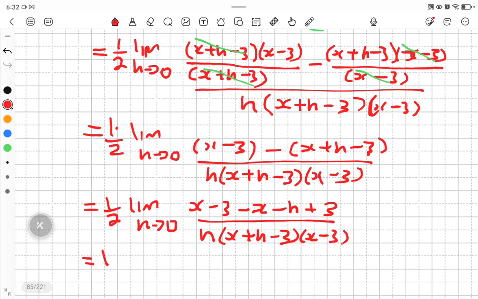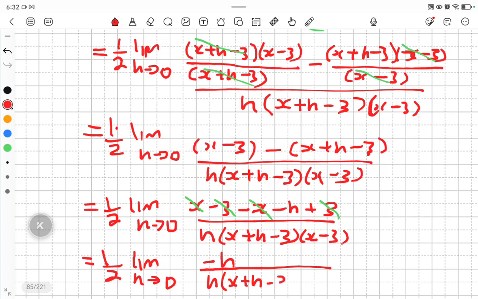The 3 will cancel the 3 and the x will cancel the x. So I said that you should always be left with the terms that have h, unless we're dealing with one-sided limits, then that's a different story. But if it's not one-sided derivatives, then this should always be the case. If you're not left with the terms with h only, it means that you made a mistake.